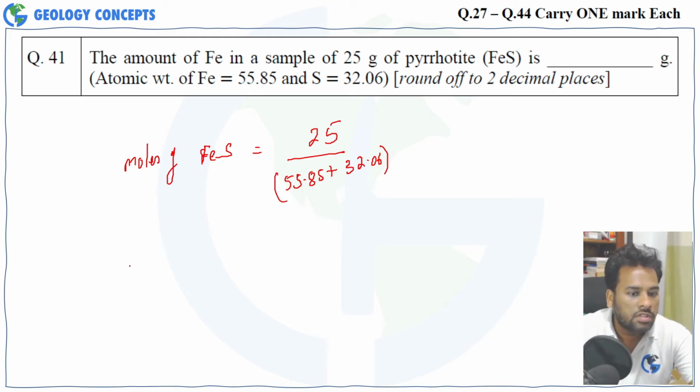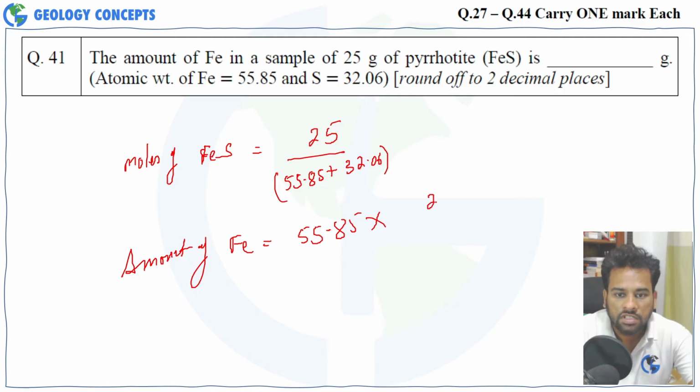Now the amount of Fe will be the molecular mass of Fe, 55.85, into moles of Fe, which is 25 divided by 55.85 plus 32.06, because Fe will have the same moles, since it is 1:1. 1 mole FeS will have 1 mole Fe.